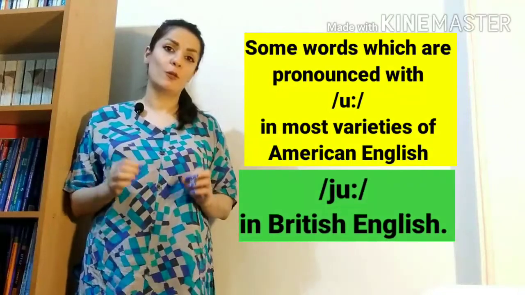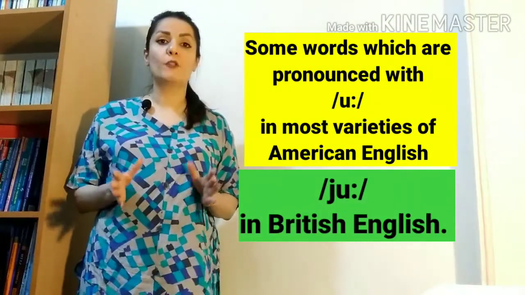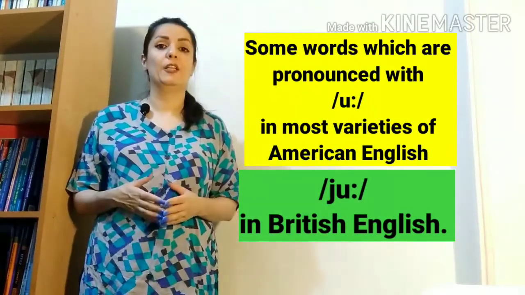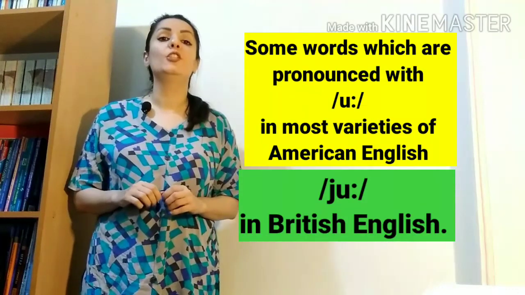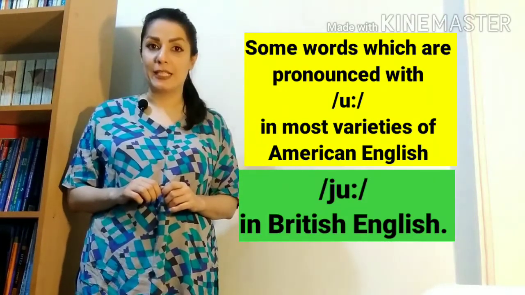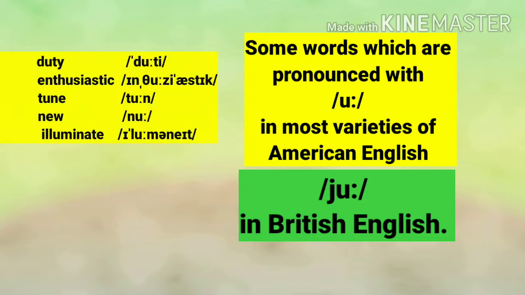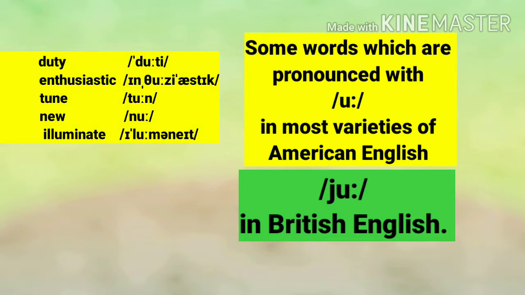Some words which are pronounced with U in most varieties of American English are pronounced with a different U in British English. Now look at these examples. In American English, they are pronounced duty, enthusiastic, tune, new, illuminate.